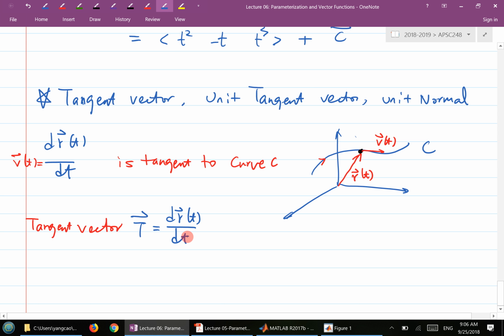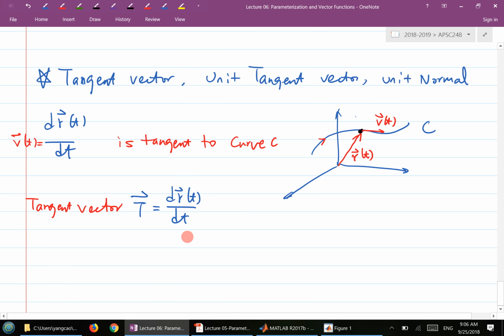It's just a different name. And then from here, I'm going to normalize this tangent vector to derive the unit tangent vector. That's also very straightforward. All you need to do is divide the tangent vector by its length, and then you get the unit tangent vector.